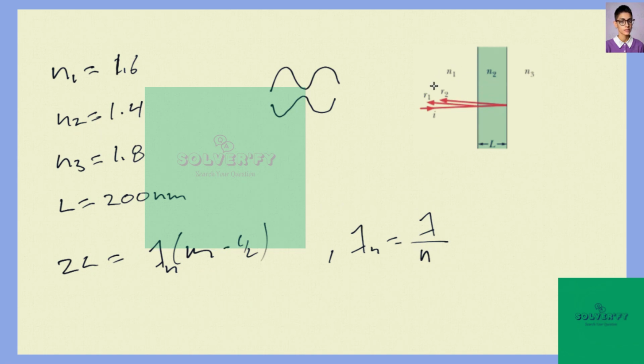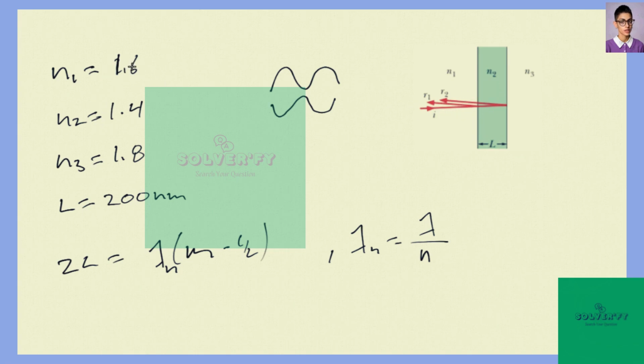There's one more thing we have to account for here, which is that when a ray reflects off of a material, if it's going from a lower index of refraction to higher index of refraction, the reflected ray gets shifted by half a wavelength. So we have to check for that.